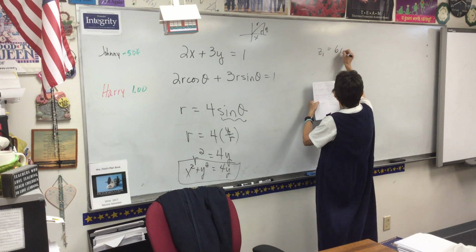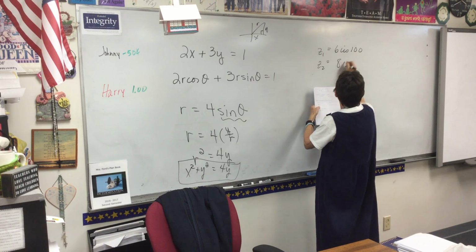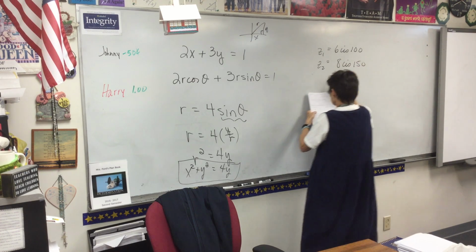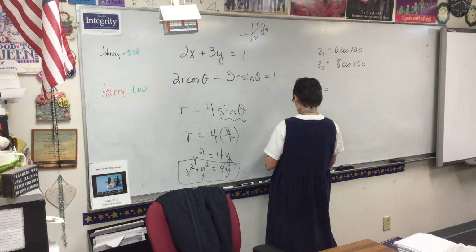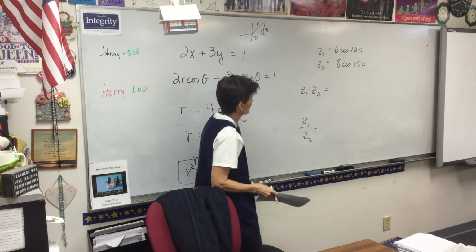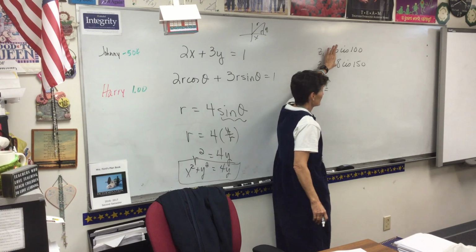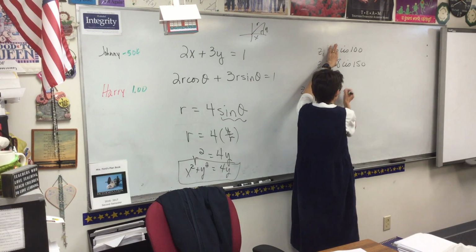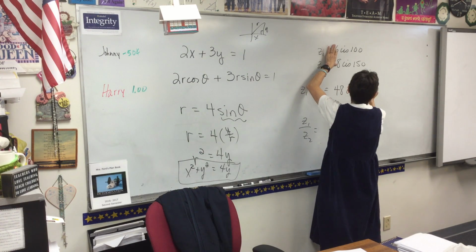Oh, we just talked about this yesterday. So we're doing the multiplication and we're doing the division. Anybody remember how this works? We just talked about it yesterday, so hopefully you remember. When we multiply them, we multiply the r's and add the angles.